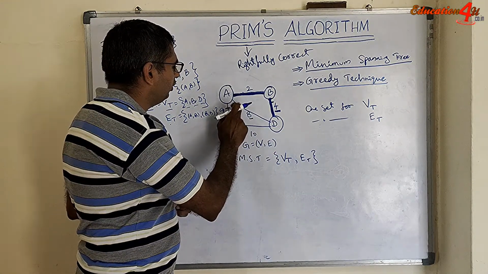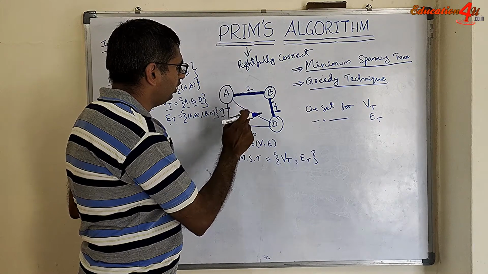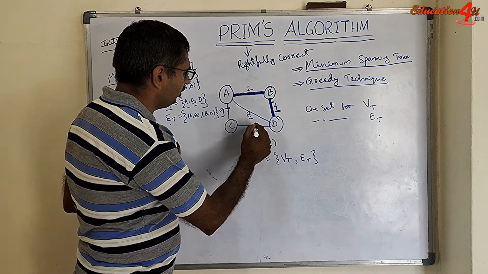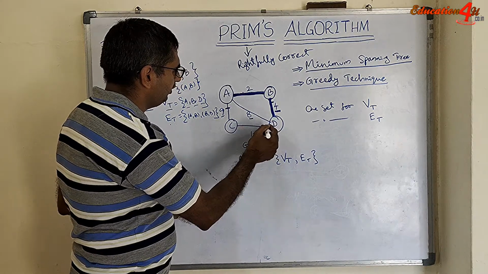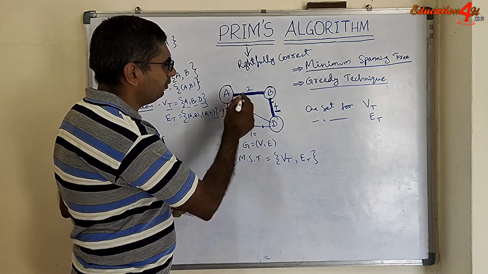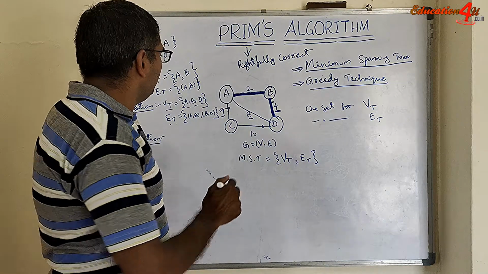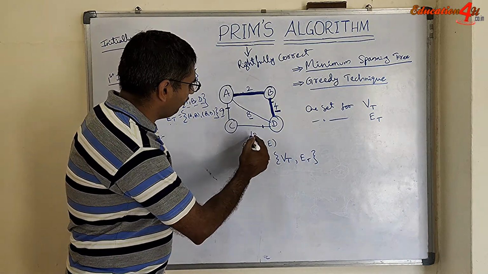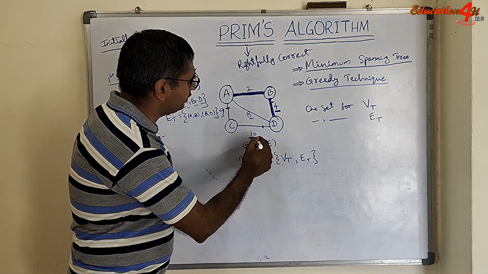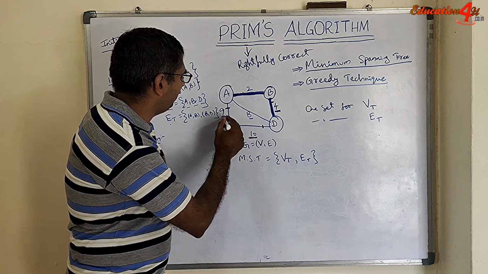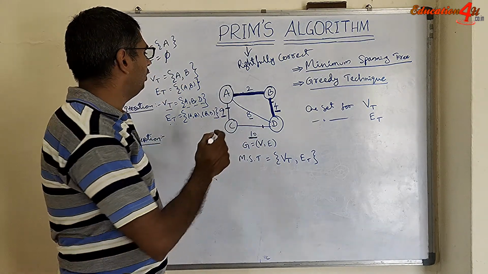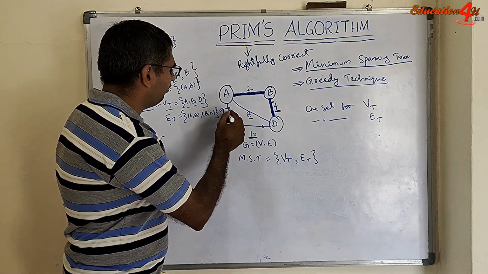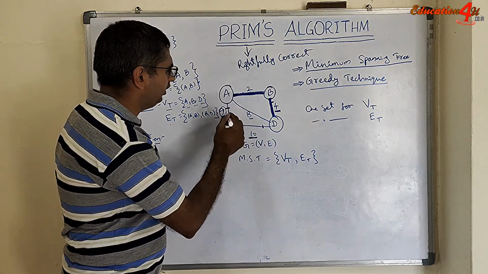Now CD is also qualified because CD does not form any cycle. CD edge weight is 10 and AC edge weight is 9. So what will we select? We will select this edge.